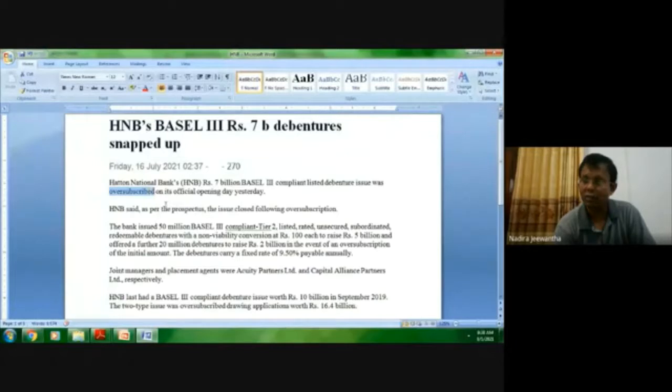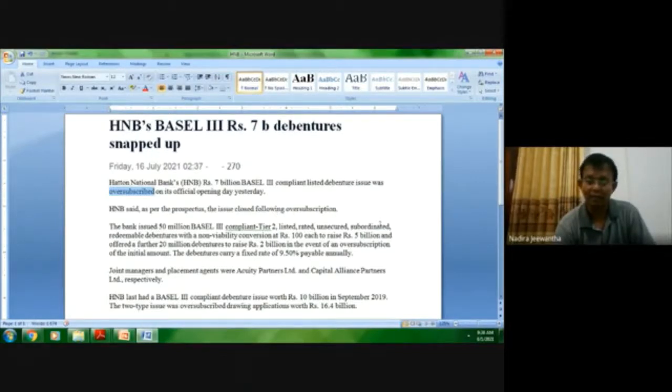The amount you wanted to raise, people have given money more than the requirement. So sometimes you might not get the entire thing since it is oversubscribed. On a proportionate, pro rata basis you will be receiving as investor. HNB said as per the prospectus, the issue closed following oversubscription.